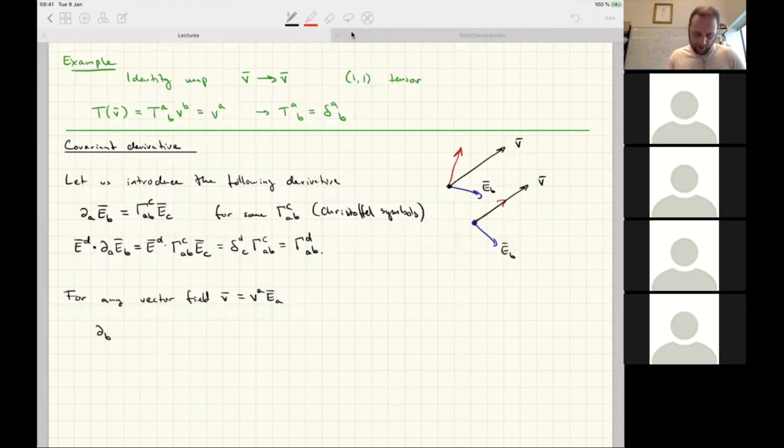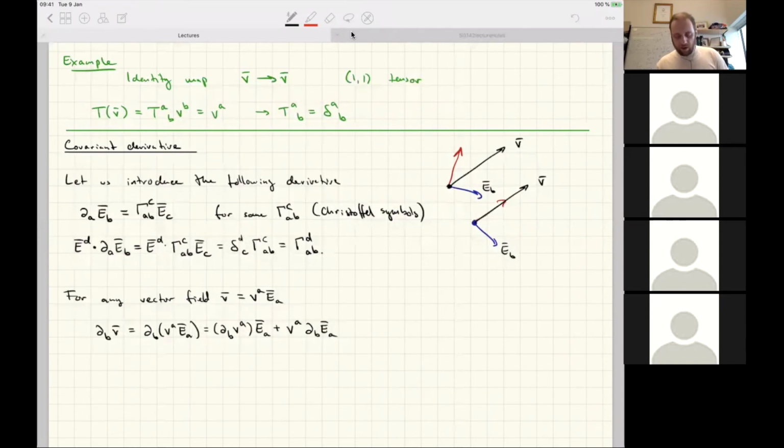So let me look at dB acting on V. So this is the change of the vector field V in the B direction. Now, just writing this out in terms of the components, it looks like that. And I can now use the product rule for derivatives. So this is dB VA times EA plus VA dB EA.